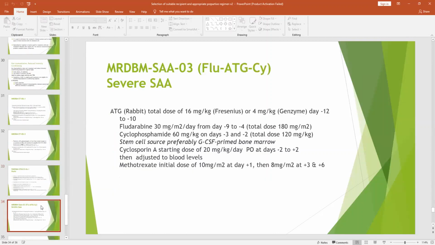And this protocol we are using for severe aplastic anemia. In this case, we are using ATG Genzyme 4 mg per kg day minus 12 to day minus 10, and then fludarabine, cyclophosphamide, and the same cyclosporine and methotrexate.